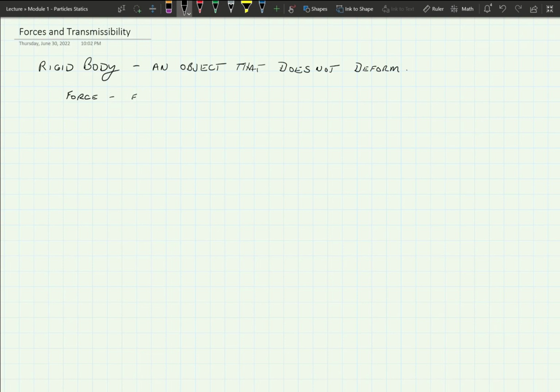There is external, those that exist to, okay, designed to push or pull a rigid body.